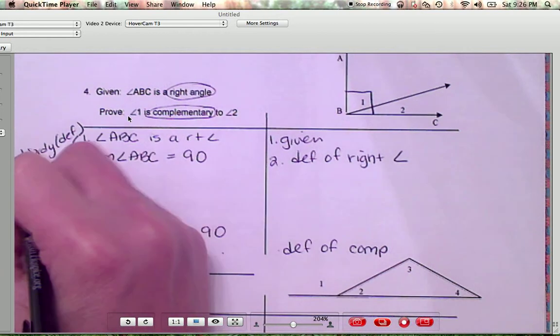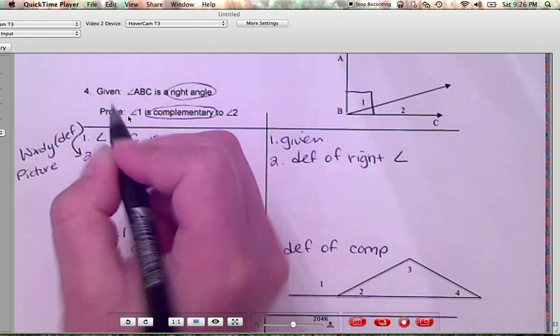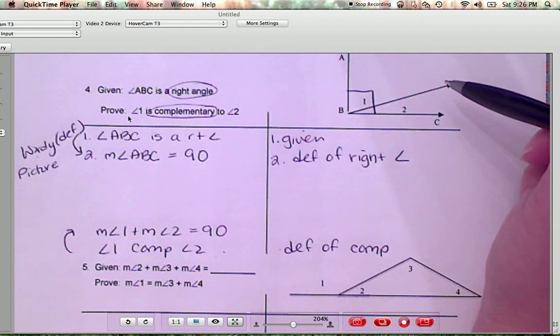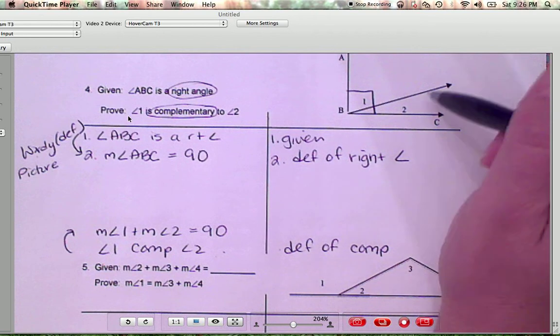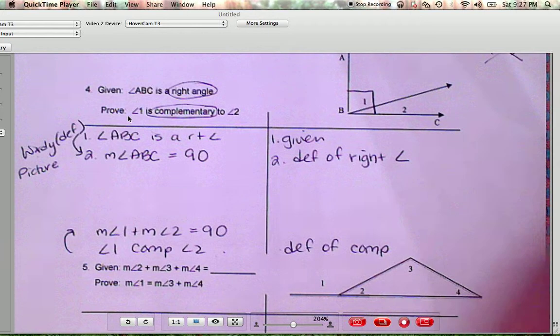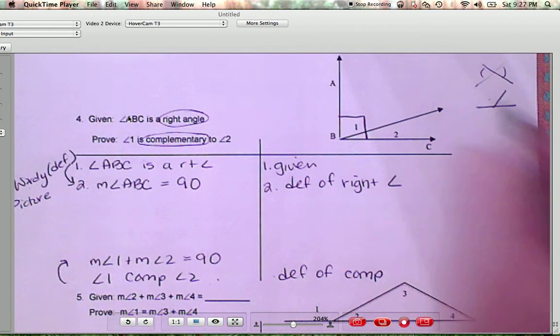The next thing we want to do is go to the picture. Now there are three things, remember, you can find from the picture: angle addition, linear pair postulate, or vertical angles. There are no vertical angles, because vertical angles are angles across from each other. There's no linear pairs, because remember, this is a linear pair.